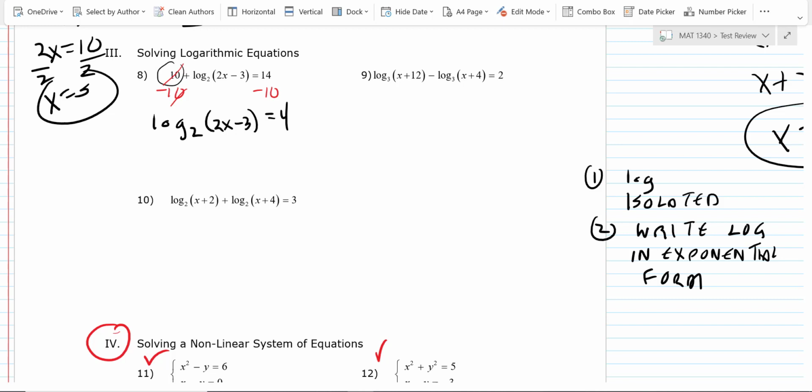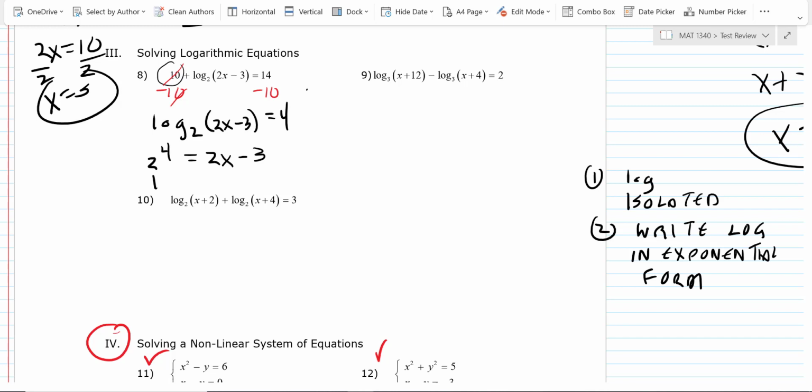So how does that go? 2 to the 4th equals 2x minus 3. That's what exponential form of a log is. You change that. That's the first thing we learned about logs. You take that 2 raised to that power equals that, and if you can do that, it will be an easy equation for you to solve, seriously.